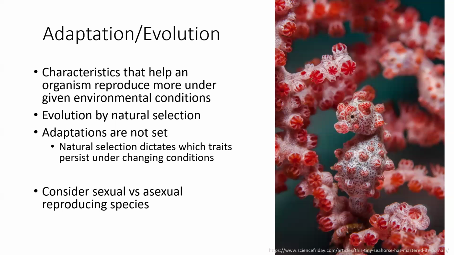So we would expect to see potentially greater rates of evolution in sexually reproducing species. That said, asexually reproducing species do still go through evolution, and they can acquire adaptations over time. Typically, that occurs via mutations or other processes where they can pick up DNA from their environment. So more on that later.